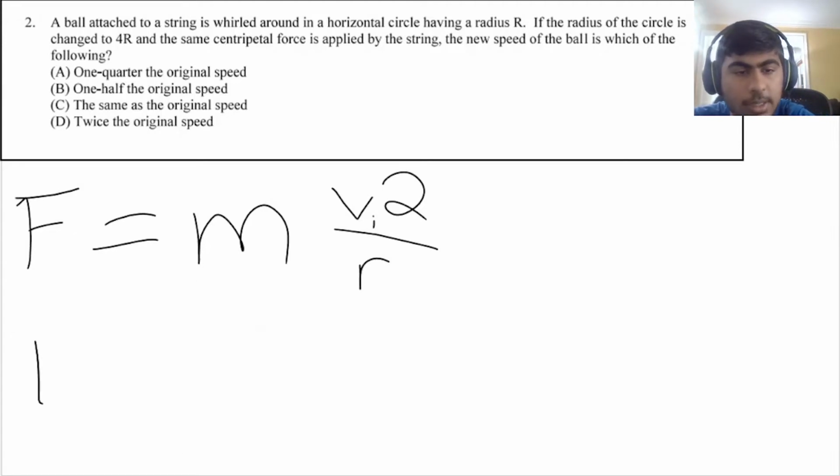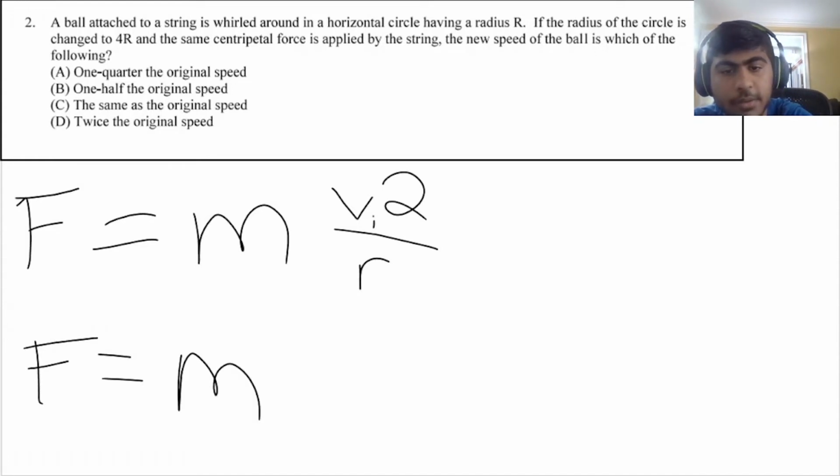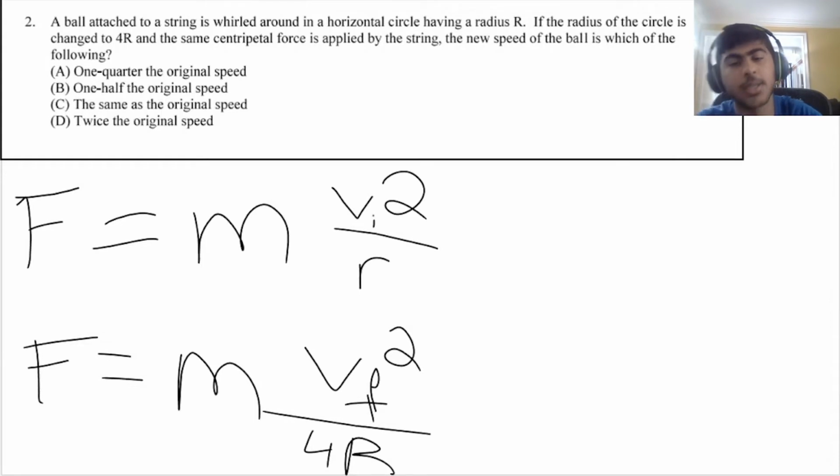Now if we're asking for F equals m v final squared over 4r. And basically we want to know what the final velocity is in terms of the initial velocity. Now the same centripetal force is applied both times.